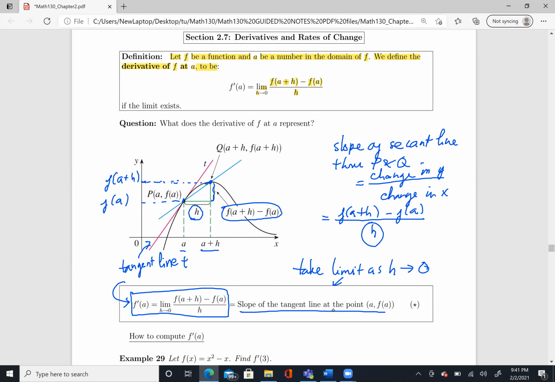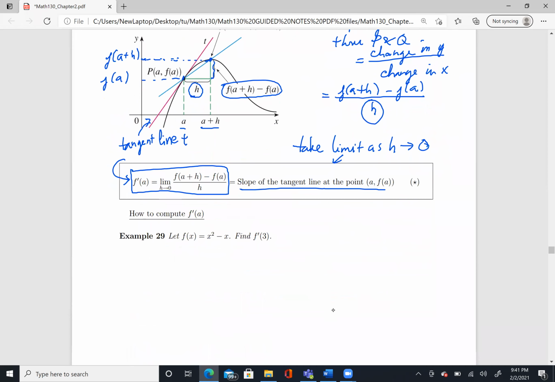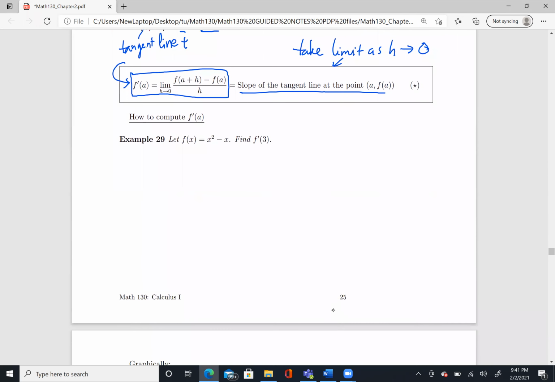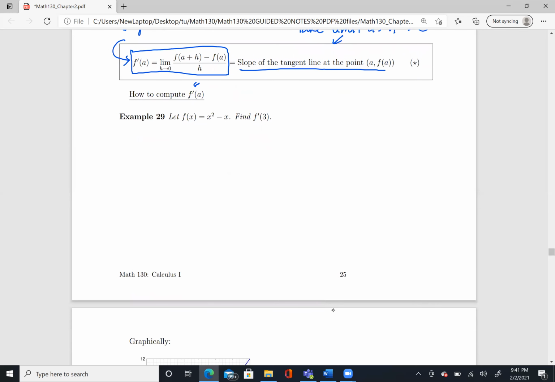Okay, so now let's try to compute the derivative of f at a. The prime here is also called the derivative. We're going to try to find the derivative of f at 3 when f of x equals x squared minus x.